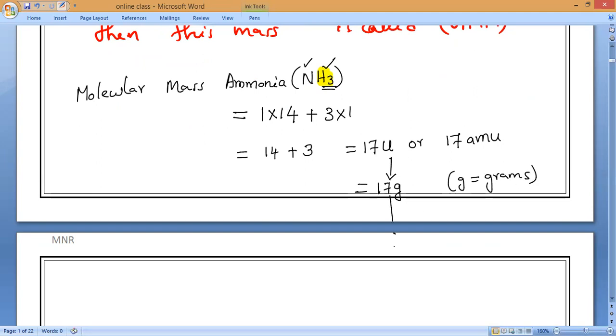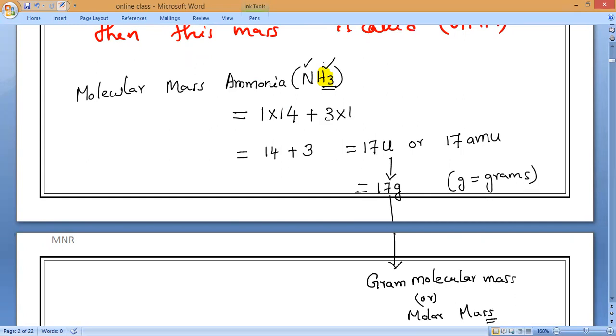That is called what? Gram molecular mass, or I will say it is also known as molar mass.